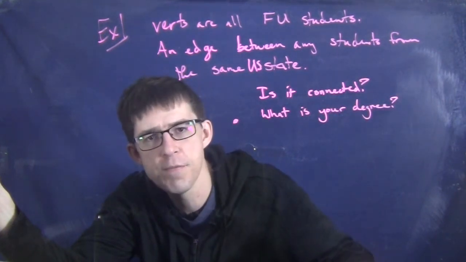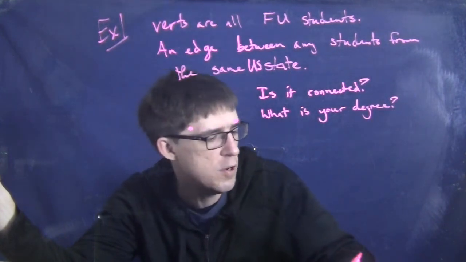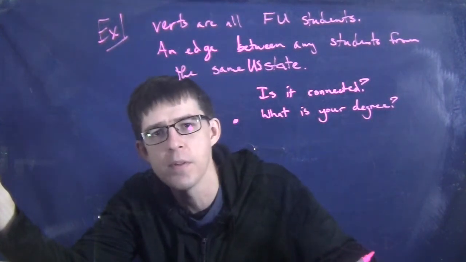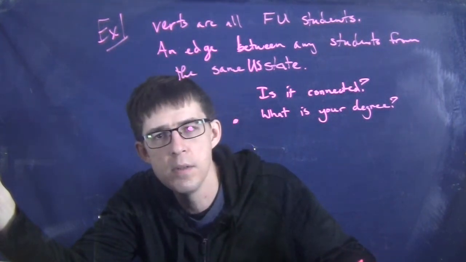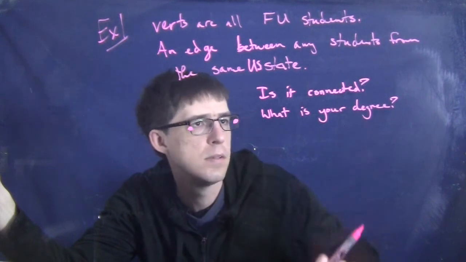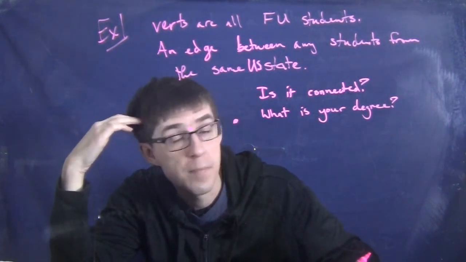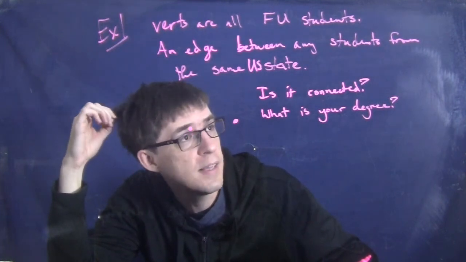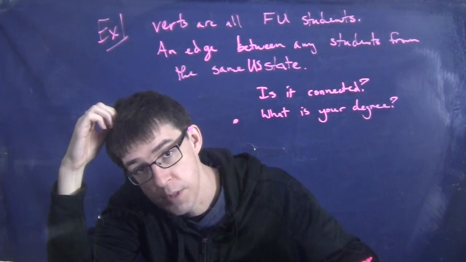You probably don't know the exact figure, but is it like 5 or 100 or 1,000? These are the questions that I would like you to think about. I'll give you a moment. Is it connected? What's your degree?